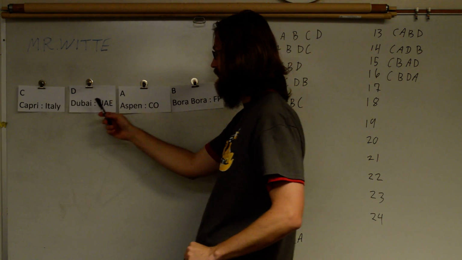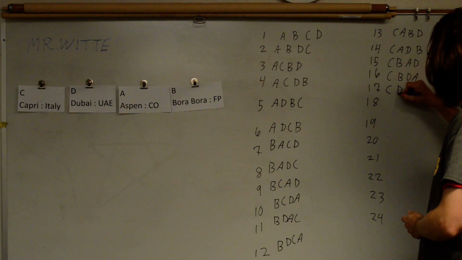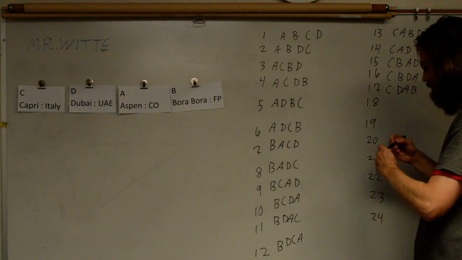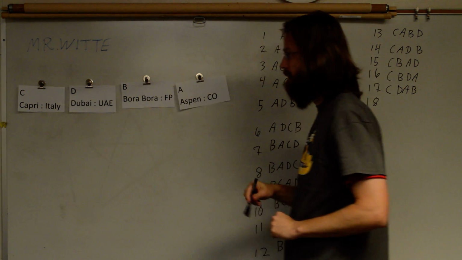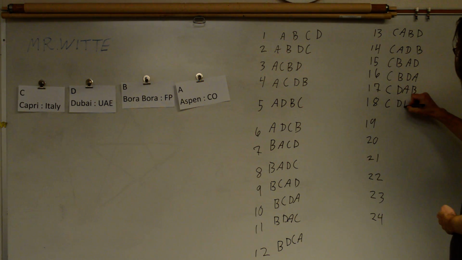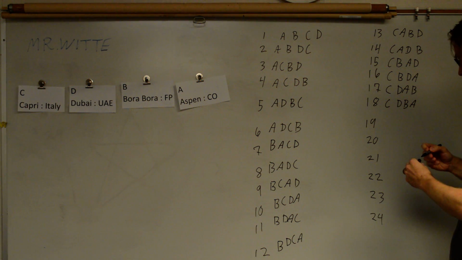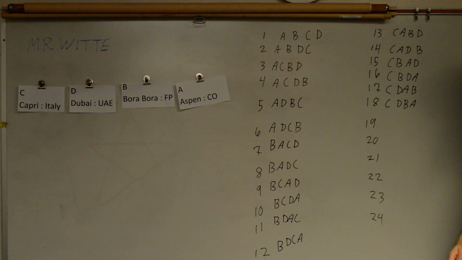So I have C, D, A, B. Switch the last 2 spots, C, D, B, A. Notice we're now up to 18. So we're 3/4 of the way done.